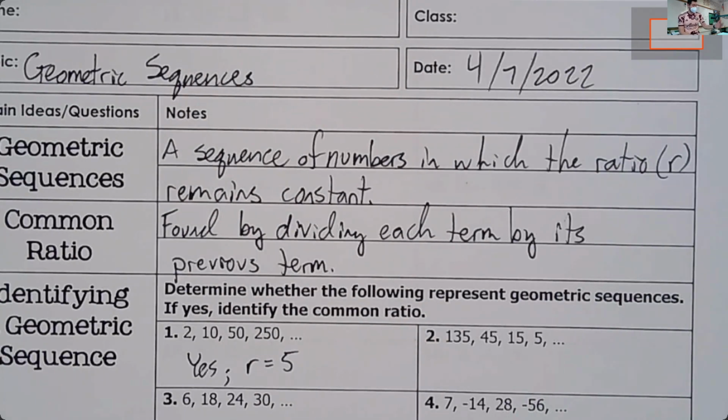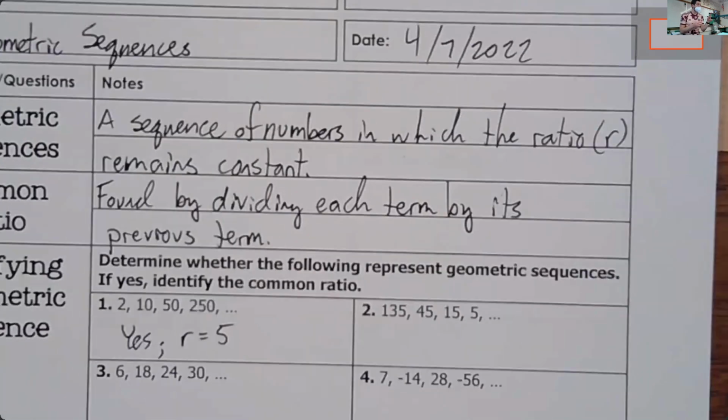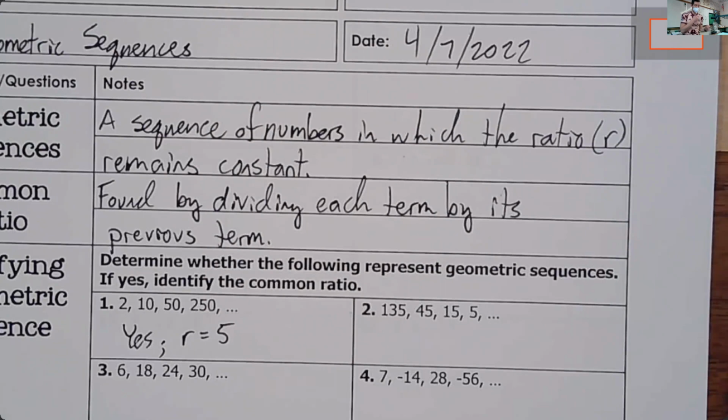But this is just kind of checking to see if we have a geometric sequence. So 45 divided by 135 is 0.3 repeated. What is 15 divided by 45 equal? Same thing, right? Yeah, 0.3 repeating. 5 divided by 15, 0.3 repeated. Which, if you want to write this as a ratio, which you should, 1/3 would be your answer for that.